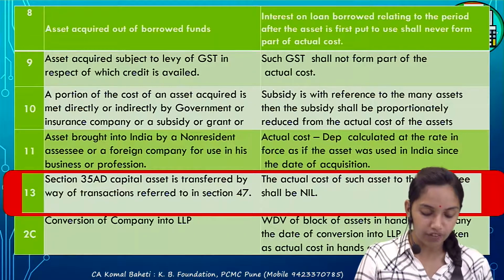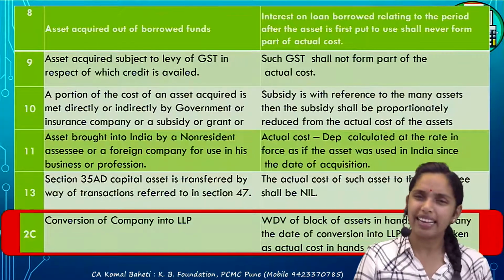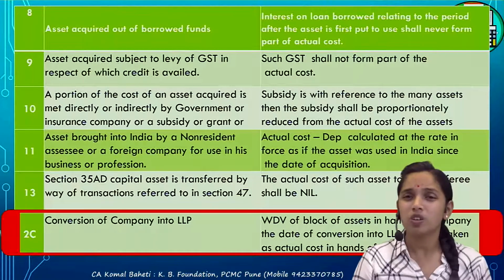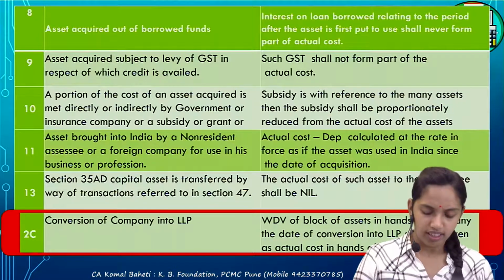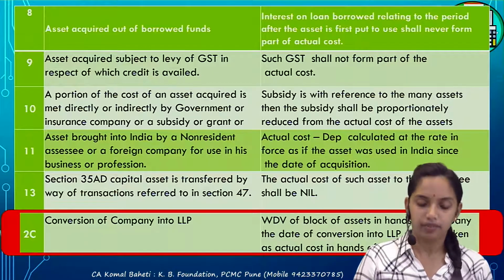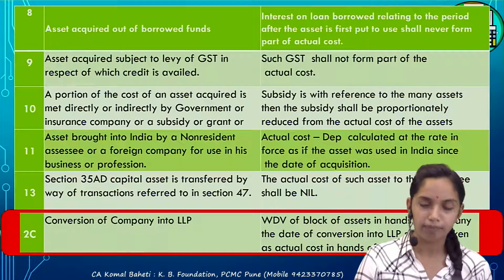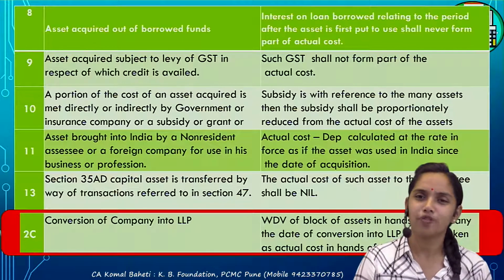Next, conversion of a company into an LLP, a kind of amalgamation only. What is the cost of acquisition? Whatever is the WDV in the hands of the company at the time of the conversion should be taken out and considered the cost of acquisition for the LLP.